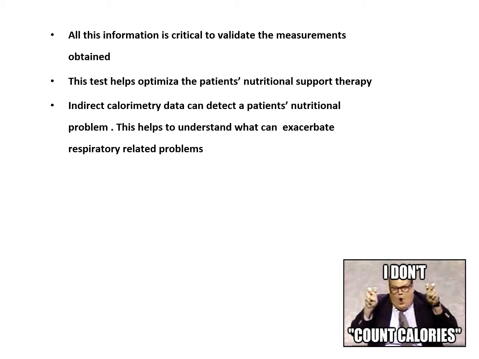This helps us understand what can exacerbate respiratory-related problems. For the type of nutritional support they're getting in the hospital, whether TPN or tube feedings, clinicians can look at these gases and, with the help of pharmacy and nutrition, decide the optimal nutritional support to give them so that we can get them off the vent.